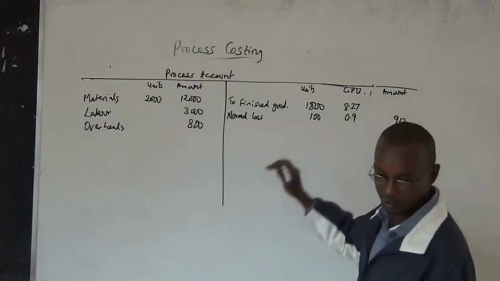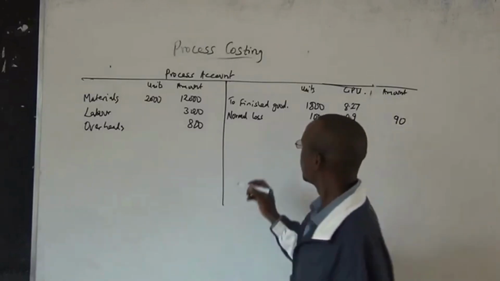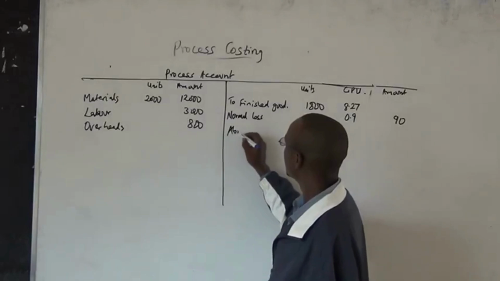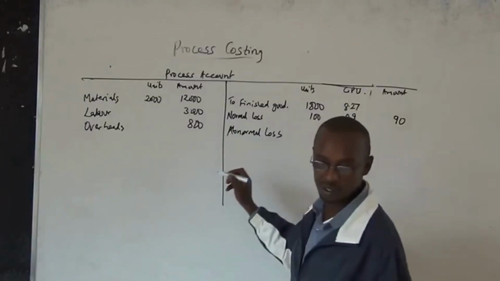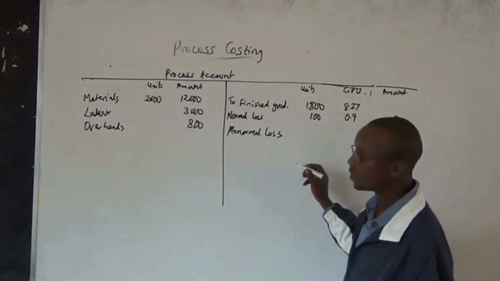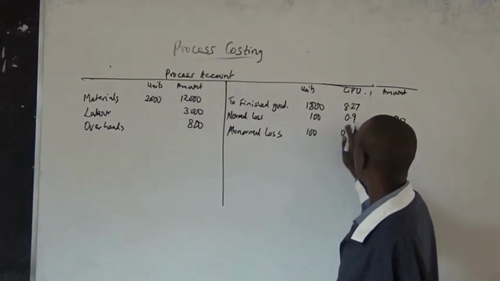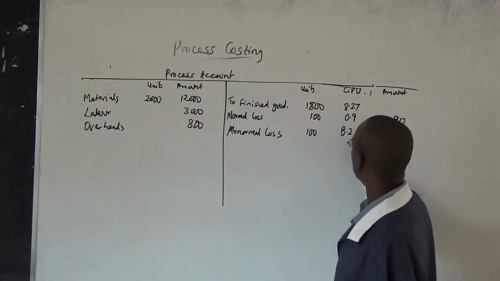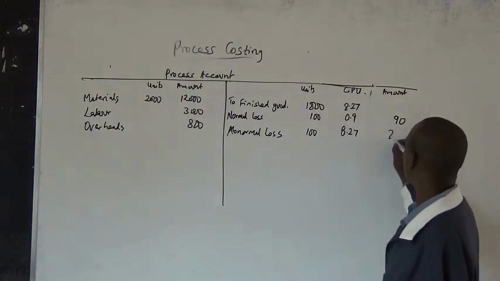Abnormal loss is 100 units at 8.27, which will give you 827.